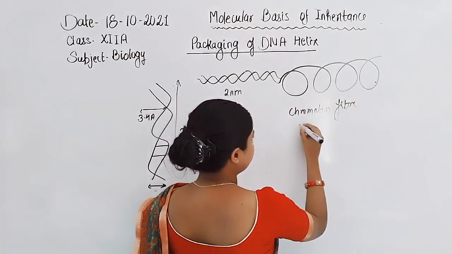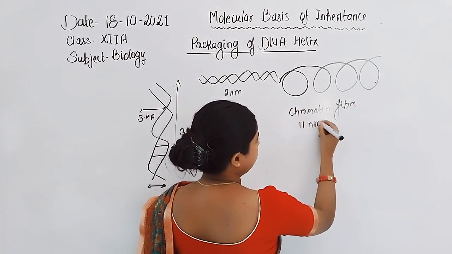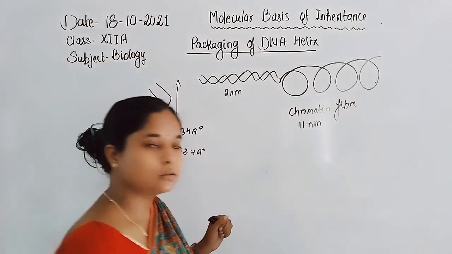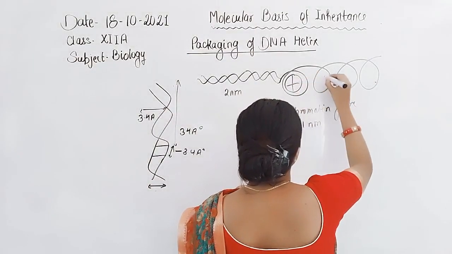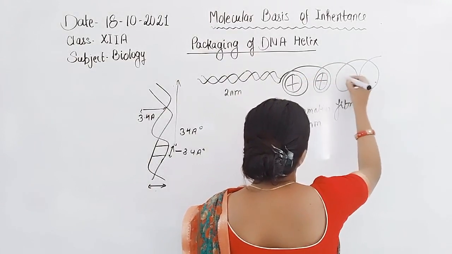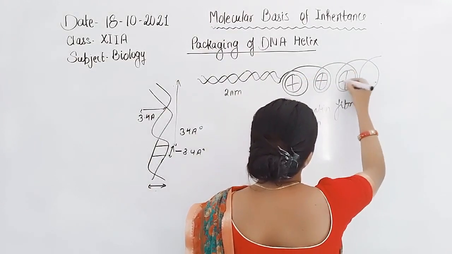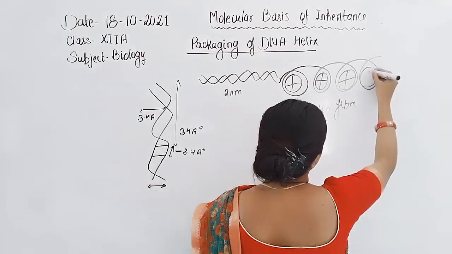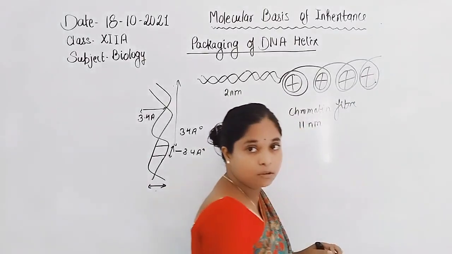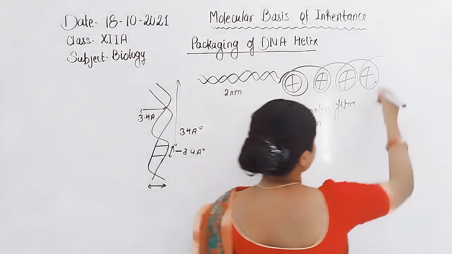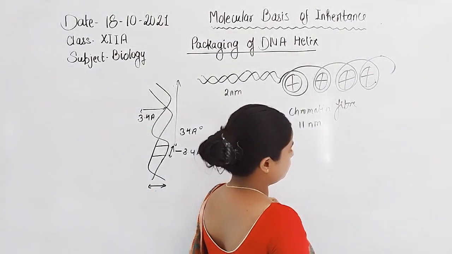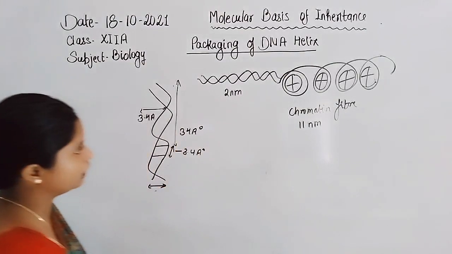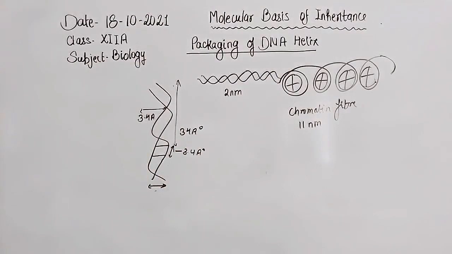The diameter of the chromatin fiber is about 11 nanometer.